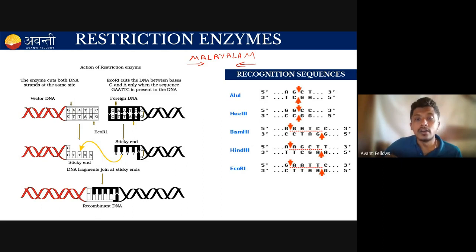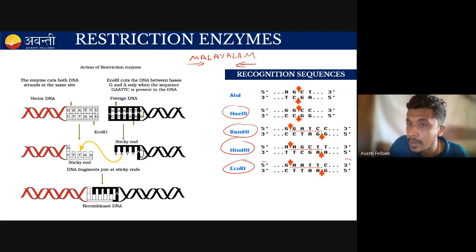If you look at the recognition sequences of a specific restriction enzyme, for example, E. coli or HIN3 or BAMH1 or HA3, so look at the sequences. If one strand is going from 5 prime to 3 prime end, and let's say that one strand reads GAATTC, the opposite strand in the opposite direction will read the same, right?